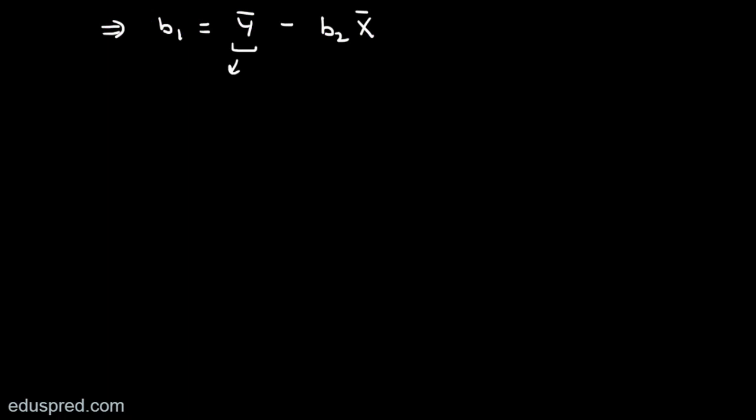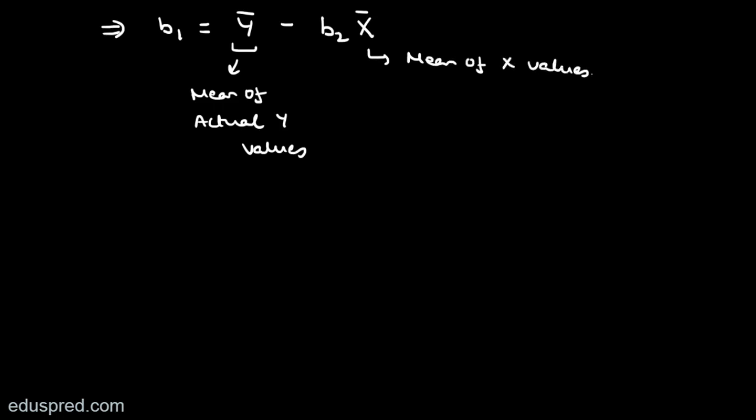So this is the final formula that we get to calculate b1, and because this is the final expression, you can also call it b1 star, or you can also write b1 OLS.